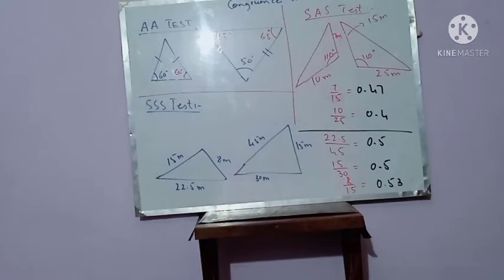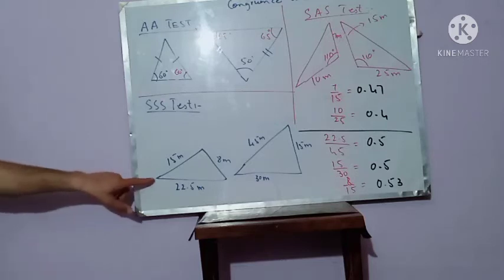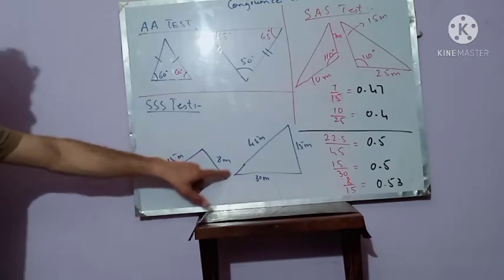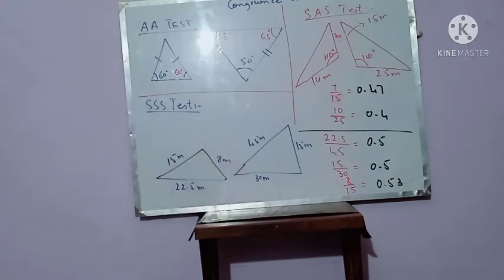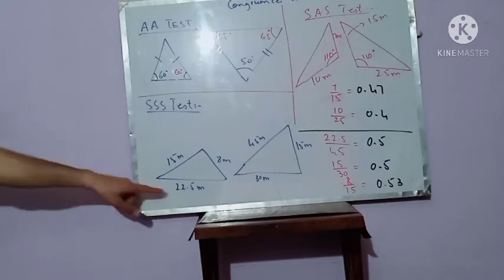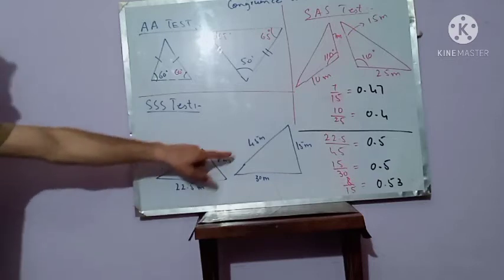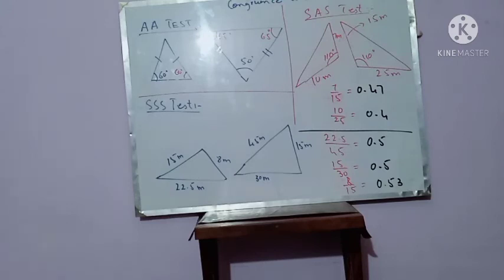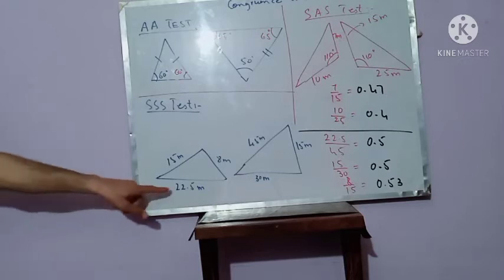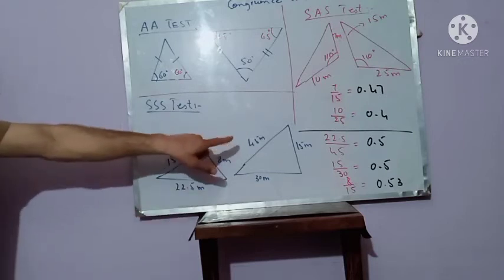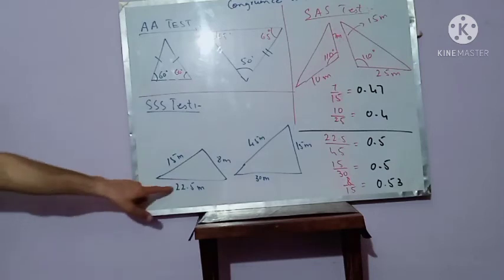We have to identify the corresponding sides first, because we do not have the capital letters at the vertices, so it's a bit difficult, but not very difficult. Let me tell you how we can identify them: that is 22.5 and that is 45. These two are the bigger sides in both triangles, so these are corresponding sides, 22.5 and 45, right?